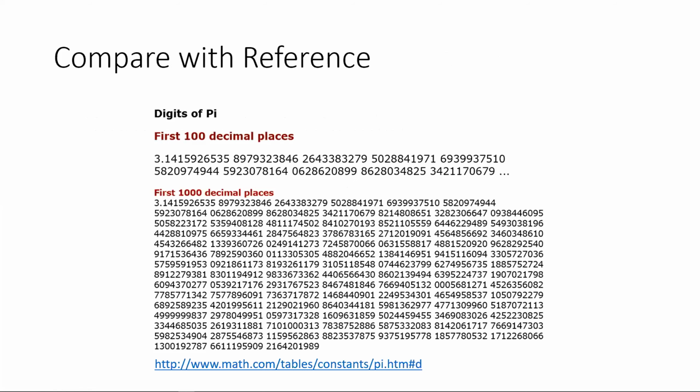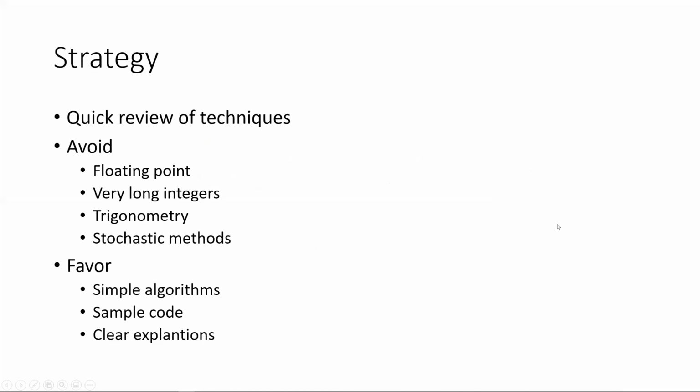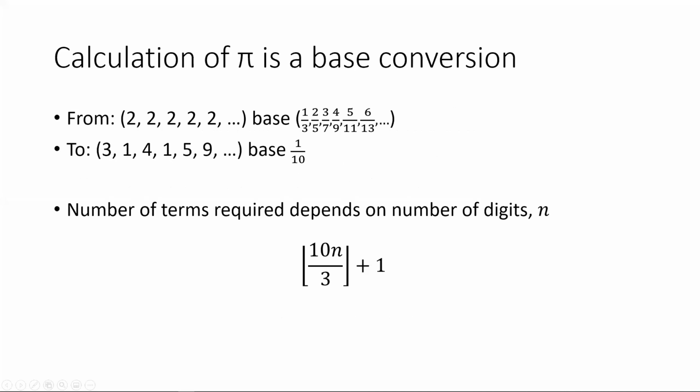I compared it with a source on the internet, and I formatted my output to match their output so that I could come down and look at the bottom row. See if I can get back to that. I learned not to click on that.